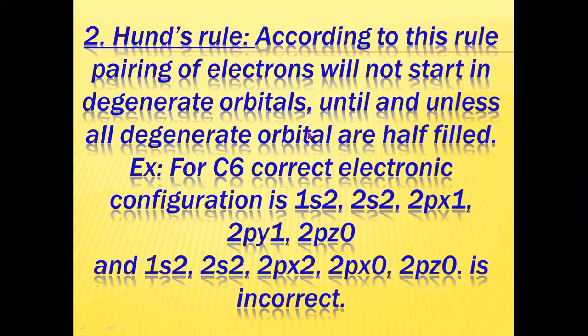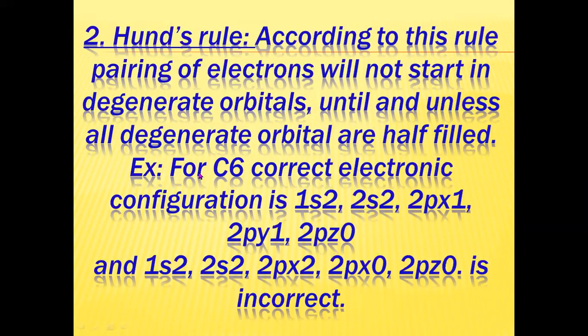Degenerate orbitals are those orbitals which have nearly the same or equal energies. So when we have degenerate orbitals in an atom of an element, they have to be first half filled, then only pairing of electrons in those degenerate orbitals starts.